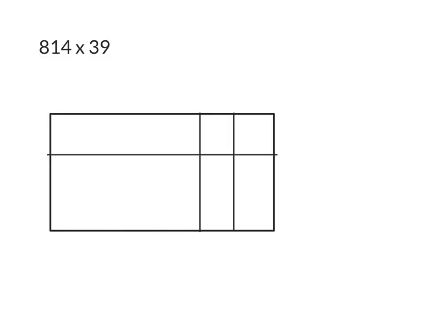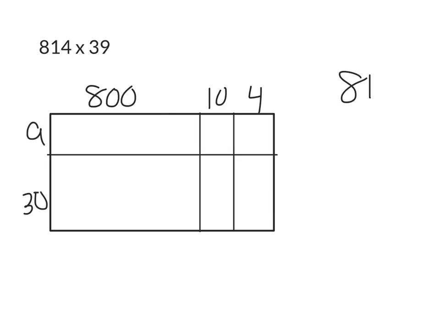I can decompose the number 814 into 800, 10, and 4. And I can decompose the number 39 into 30 and 9. And I'll go ahead and mark over here my standard algorithm, 814 times 39.